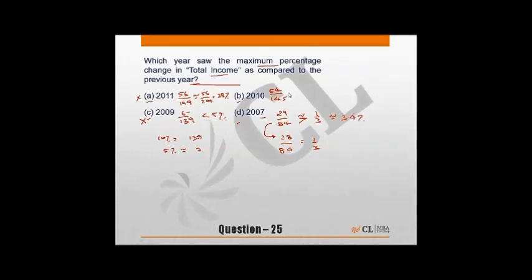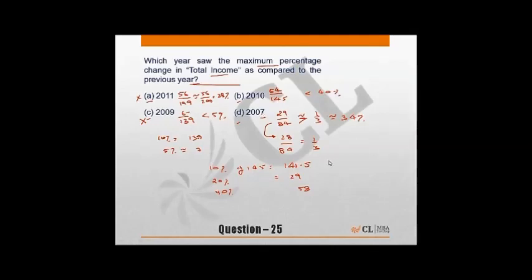54 upon 145. Again, if I look at 10% of 145, it is equal to 14.5. 20%, 29. 40%, 58. This is less than 40%. But is it greater than 1/3 or less than 1/3?